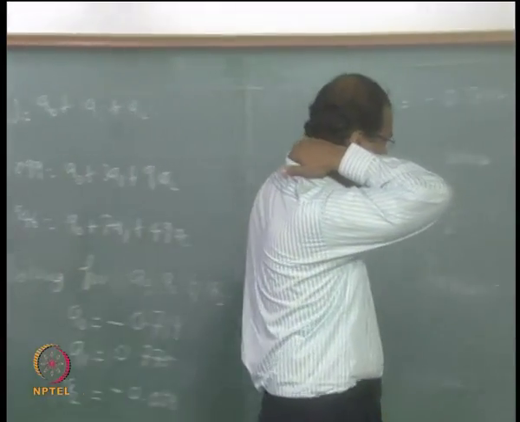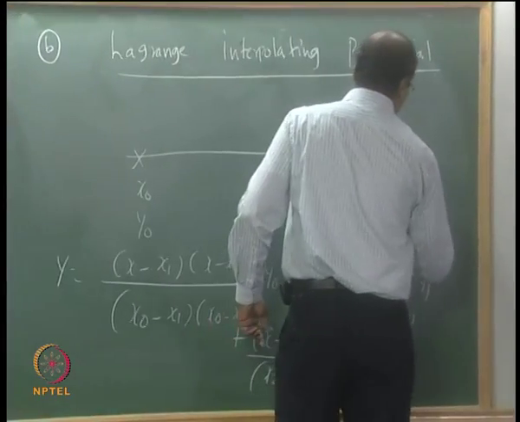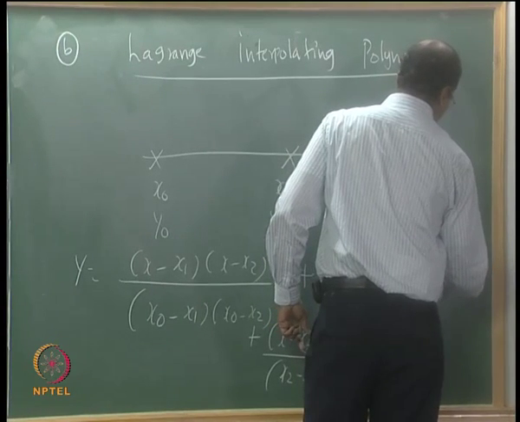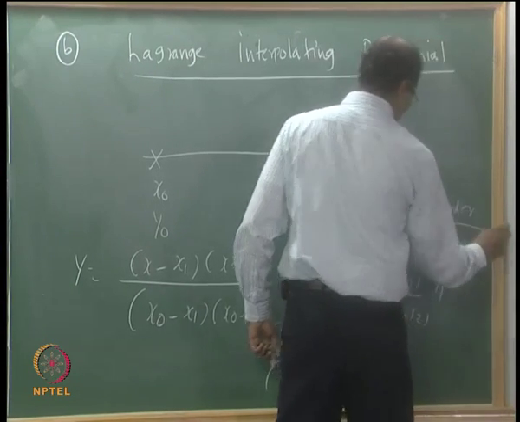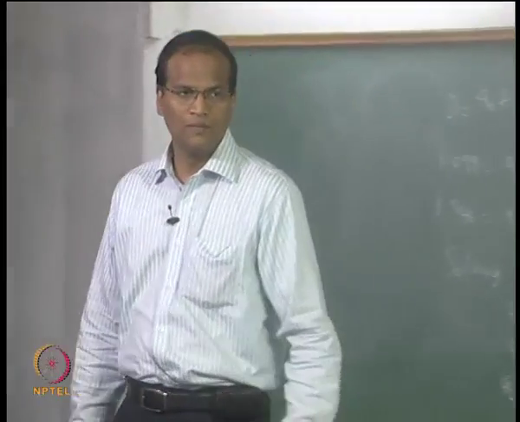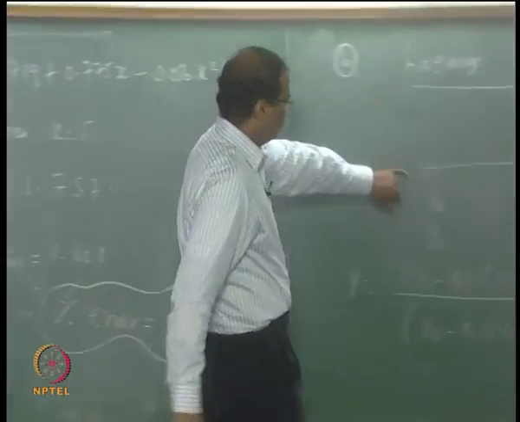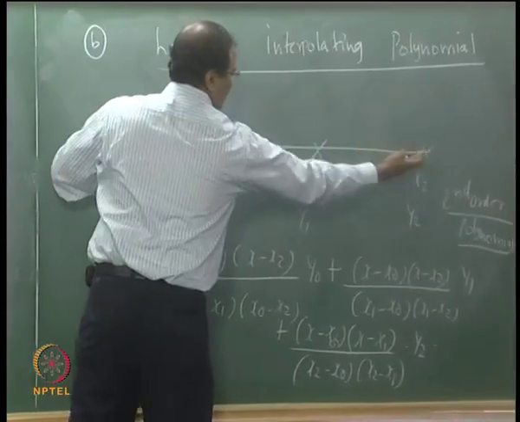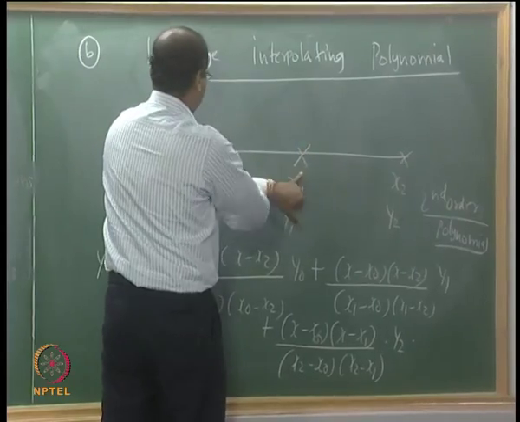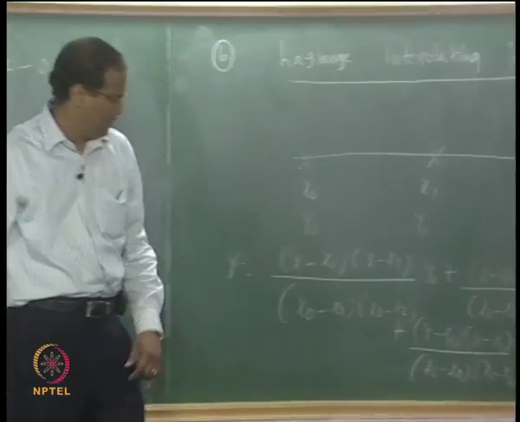This is called the Lagrange interpolating polynomial order 2. So you start with this, you do x minus x1 and x minus x2 divided by x0 minus x1 x0 minus x2 into y0 plus x minus x0 and x minus x2 divided by x1 minus x0 x1 minus x2 into y1 and so on. That is the way you do, right.